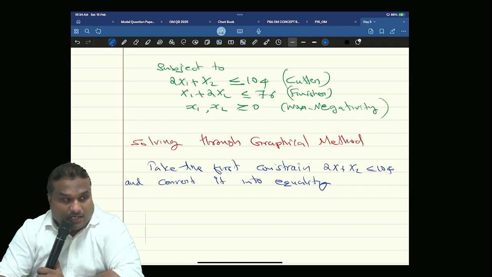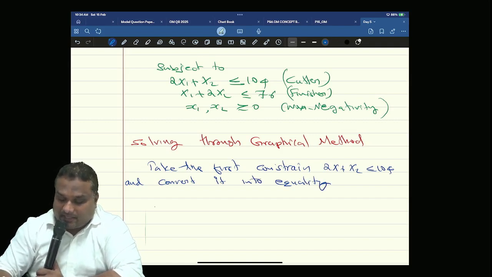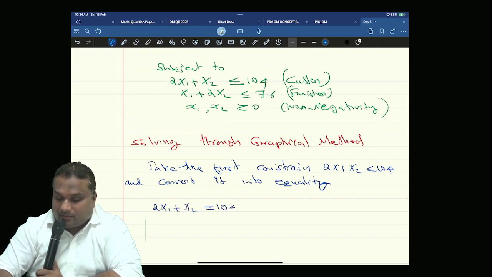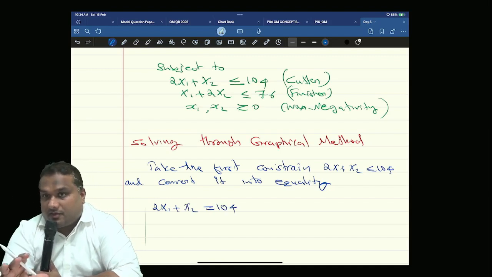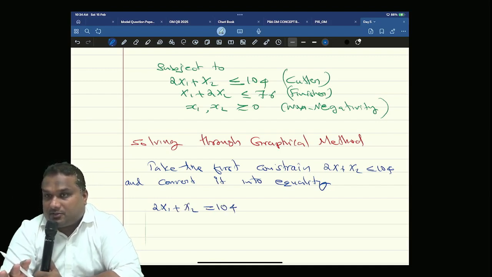Convert it into what? Equality. We have 2x1 plus x2 equal to 104. Actually, the question is less than or equal to 104.